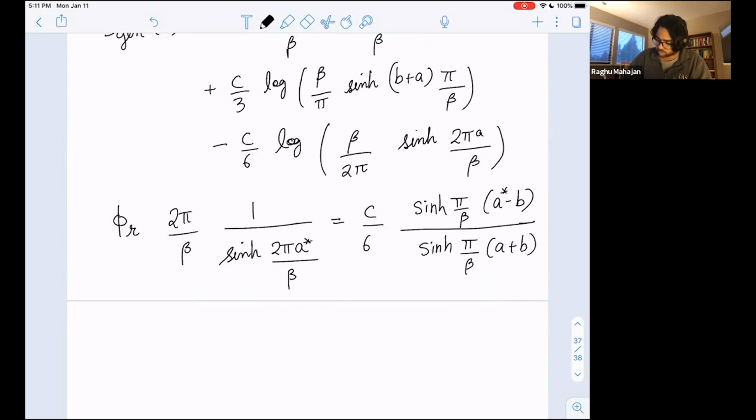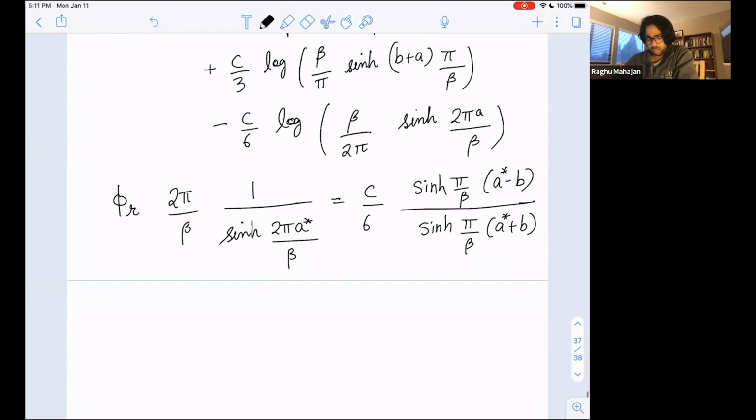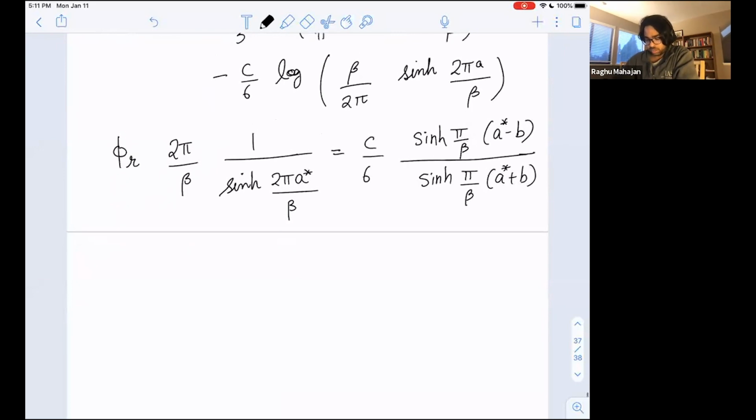So this is the equation that determines A star. And okay, it's a little bit complicated. You can't write it down immediately.